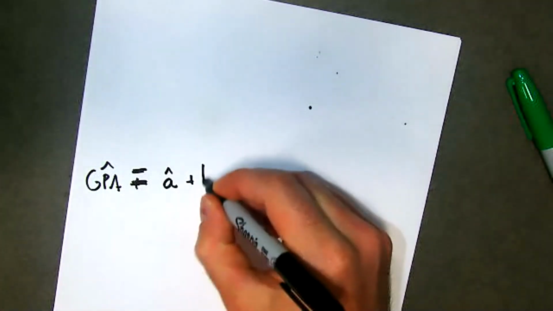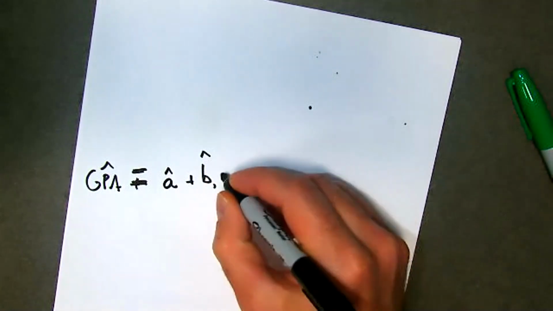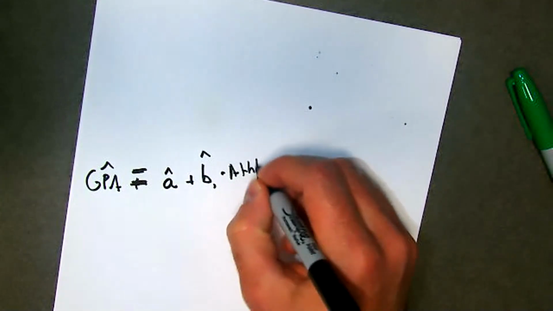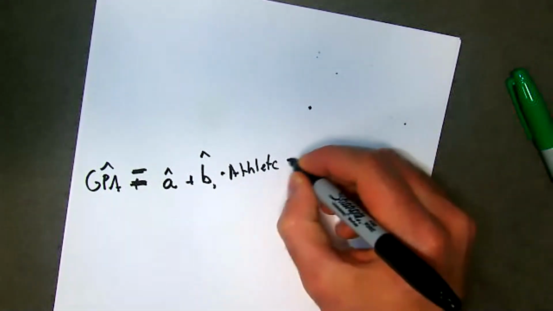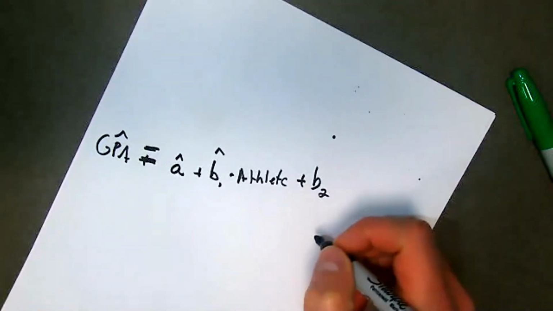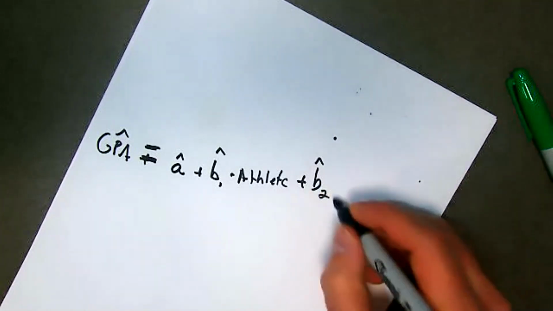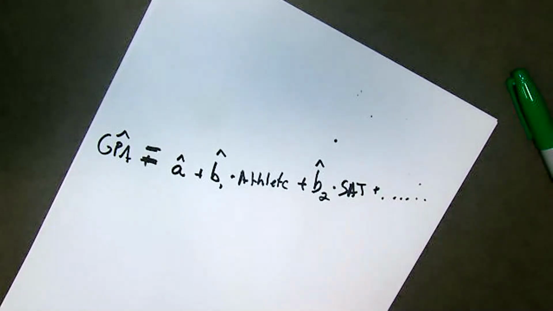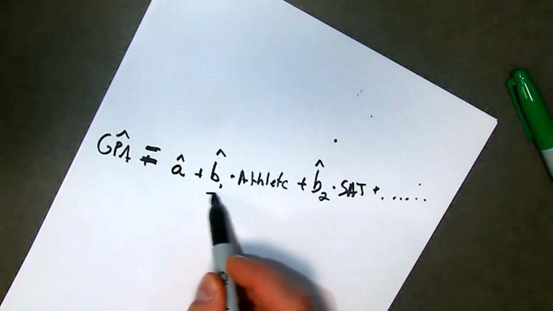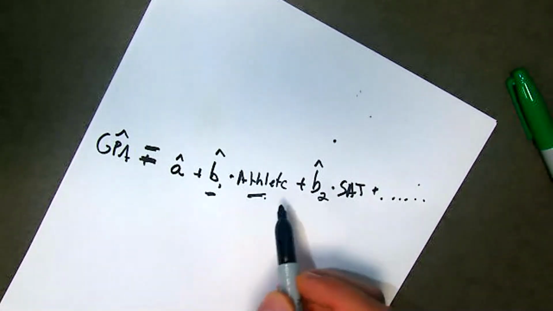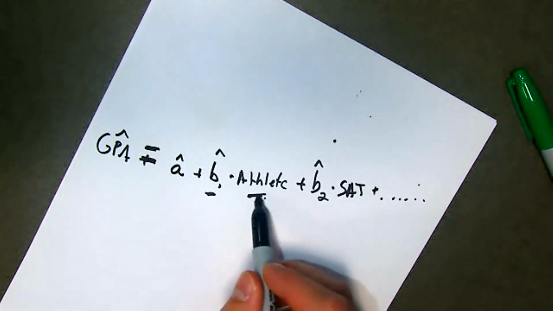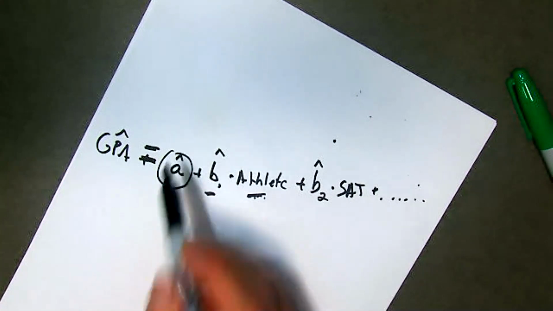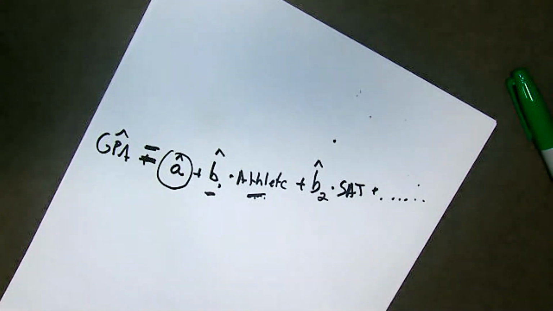I'll then add to that whatever the first coefficient is times that person's hypothetical value for, say, are they a student athlete. Then add to that the coefficient on SAT score, etc., all the way out. So basically, I'm just going to take every coefficient estimate, multiply it by the value for that hypothetical person for that variable. And then at the very end, I need to not forget, add in the intercept.